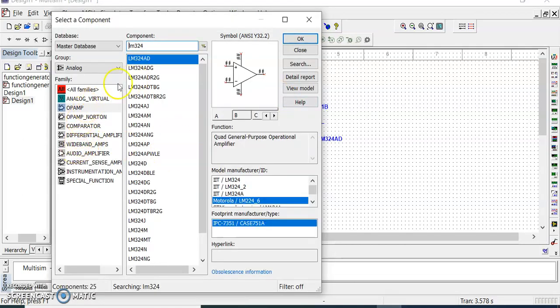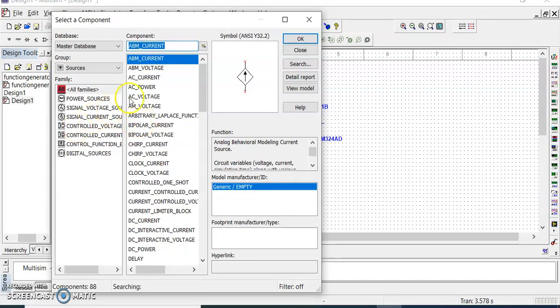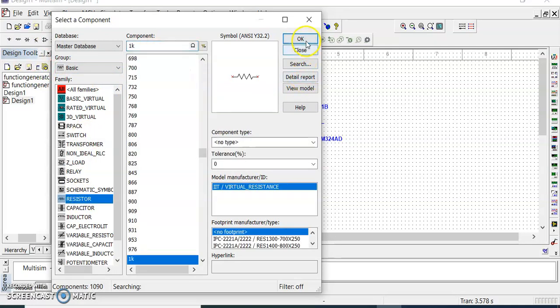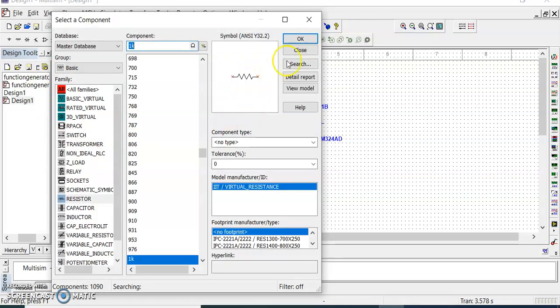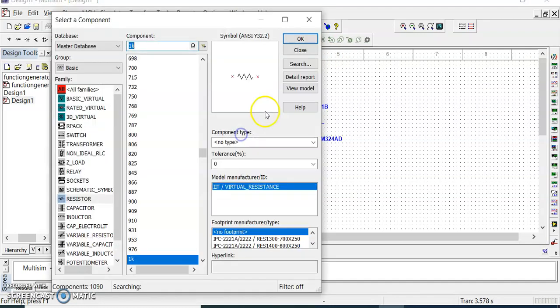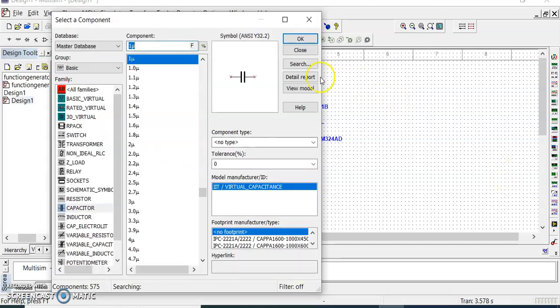Next, take the required components for this circuit: resistors and capacitors. Voltage source is not required. Keep the resistors. One more resistor here, the feedback resistor, that is 33 kilo ohm. One more resistor here, and only one capacitor that must be inserted here for the integrator circuit.